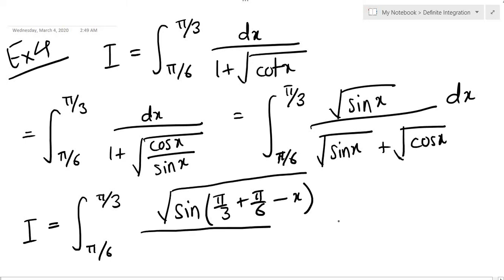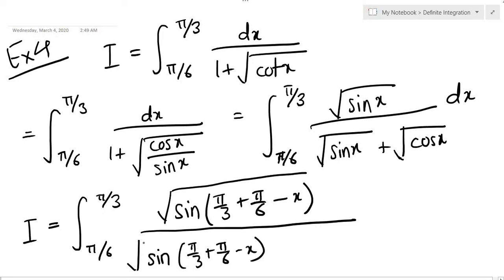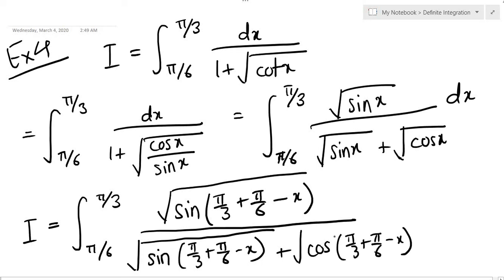I'm going to do this for all the x's that we have here. So sine of pi by 3 plus pi by 6 minus x in a square root plus the cosine of pi by 3 plus pi by 6 minus x under the square root multiplied with a dx.